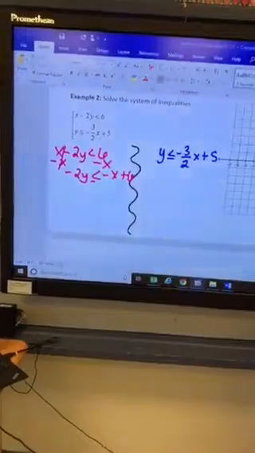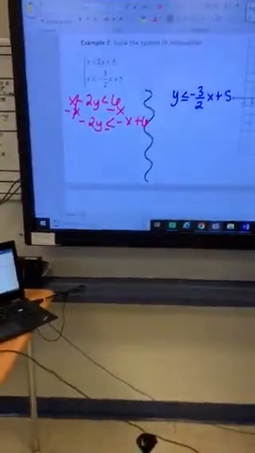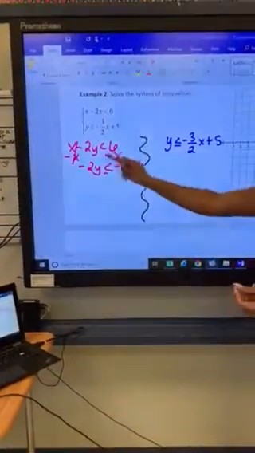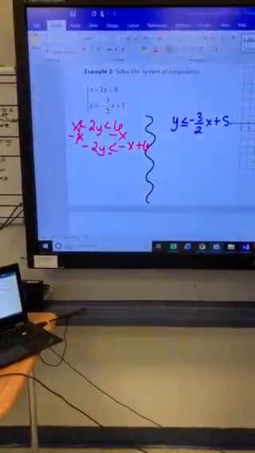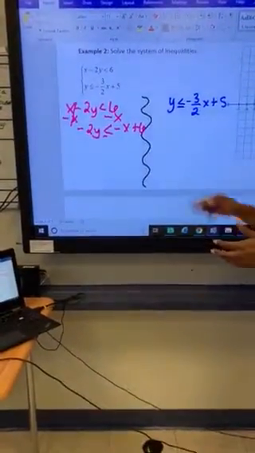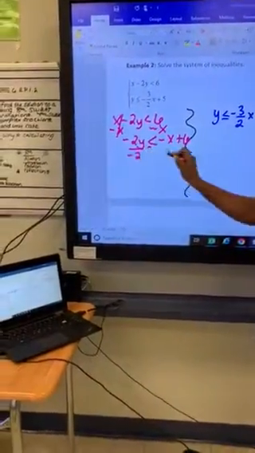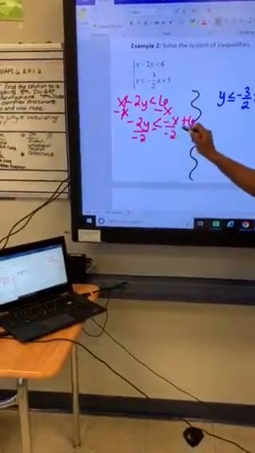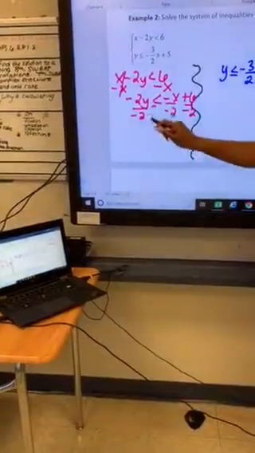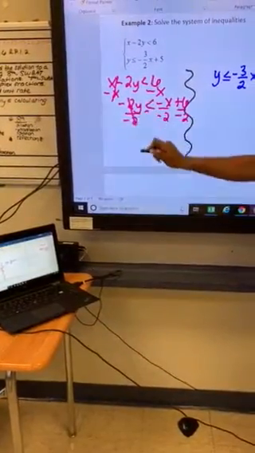So if you notice, I have a coefficient attached to the y. Since it's multiplication right now, I'm going to do the opposite, which is to divide all of the terms by negative 2. So I'm going to divide here by negative 2 and also on the other side. So we know that this is going to cancel out. That's just 1.